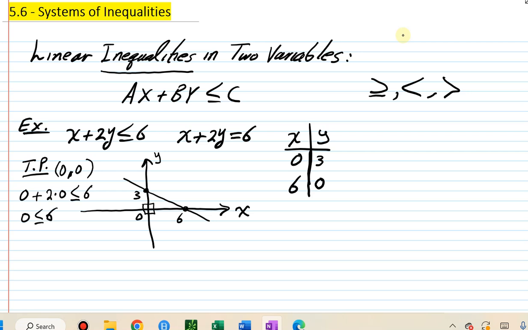At this point, we look at the truth or fallacy of that statement. 0 is not equal to 6, but it is less than 6. So this is logically a true statement. If it's true, that means (0, 0) is one of many solutions in an infinite set of solutions.